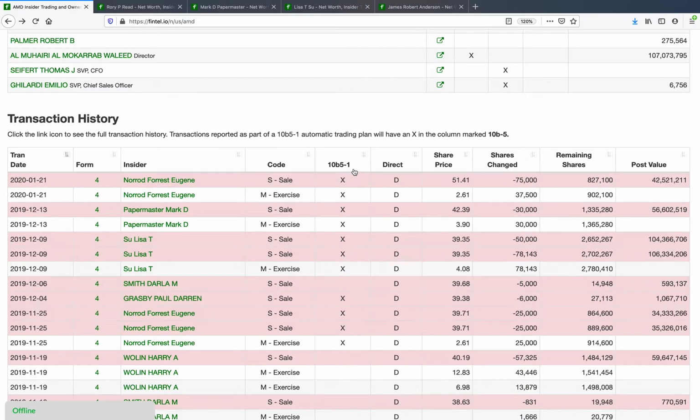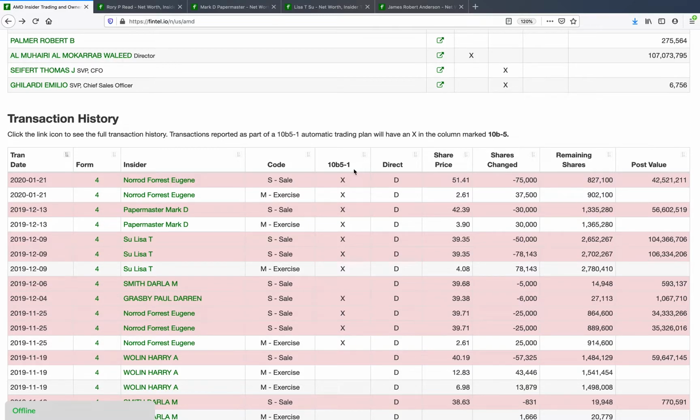So I'm going to create a plan, and I'm going to write it down, and I'm going to file it somewhere. And that plan is going to be basically an automatic sale of securities that's going to take place on an ongoing basis, whether or not the company's doing well or doing poorly or so forth.